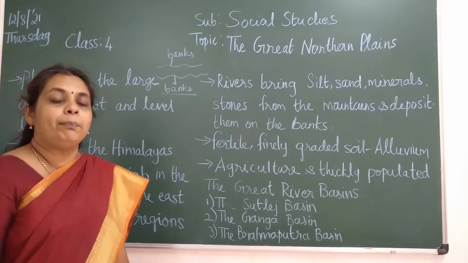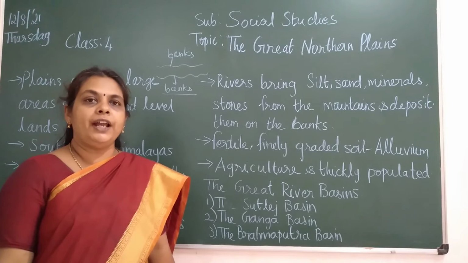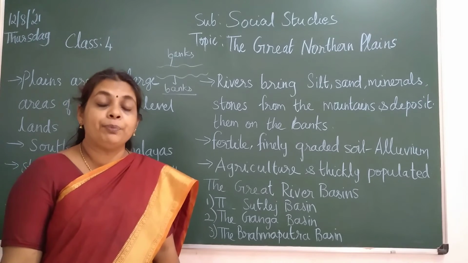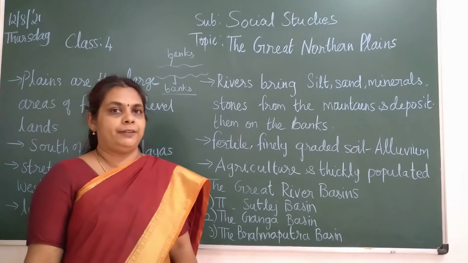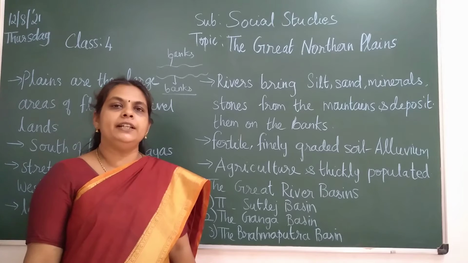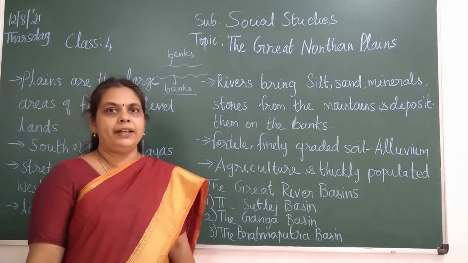Fertile means the plants can grow well in the soil and you can have a good yield, children. Yield means you can produce more quantity. Otherwise you can call it produce also, or you can call it yield.